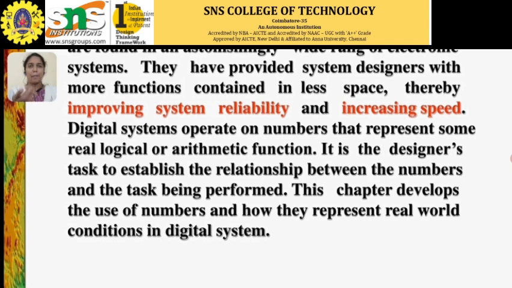Designers define how numbers correspond to specific conditions. For example, in a digital thermometer, an analog temperature reading like 36 or 37 degrees Celsius is converted into a binary value, like 100101, in the form of zeros and ones for processing and display. The mapping must be accurate and efficient to ensure the system interprets data correctly.